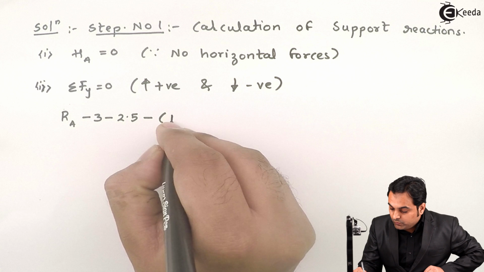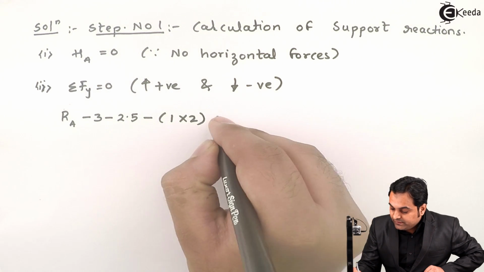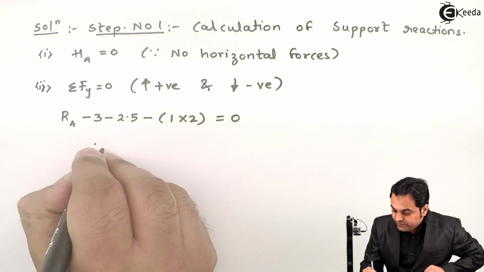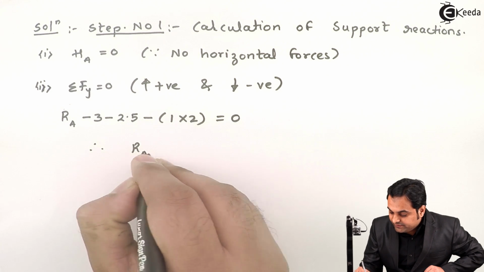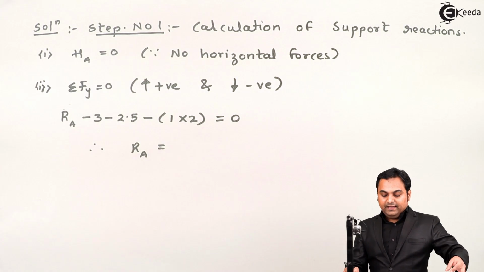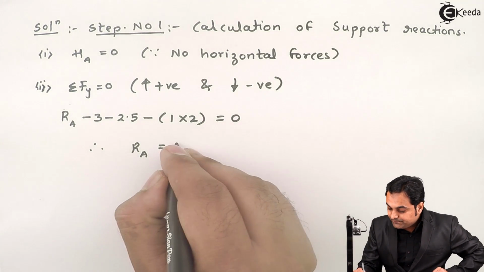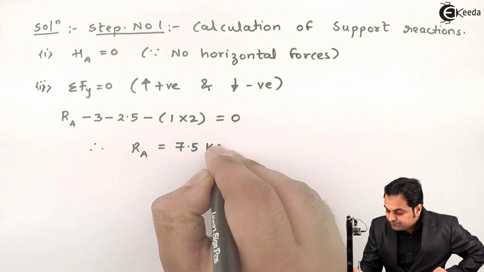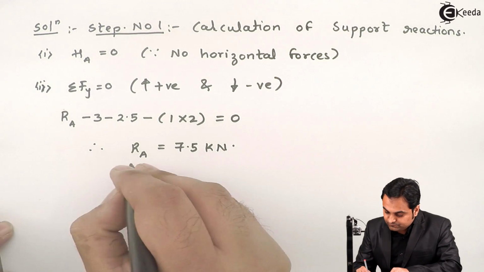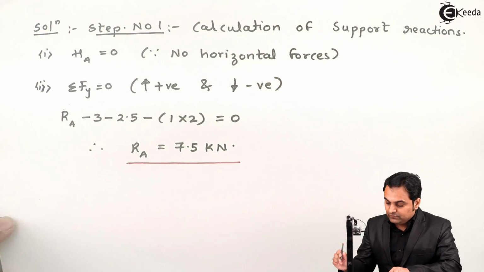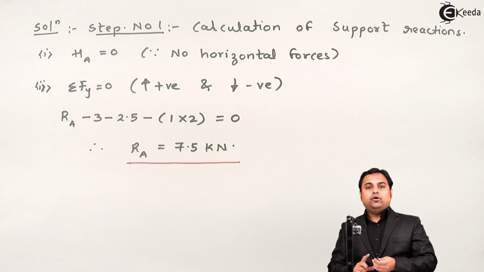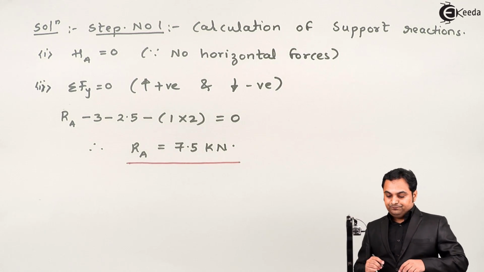So minus 1 into 2 is equal to 0. So therefore on calculating, I'll get the value of RA as 7.5 kilonewton. This is the value of the vertical reaction.